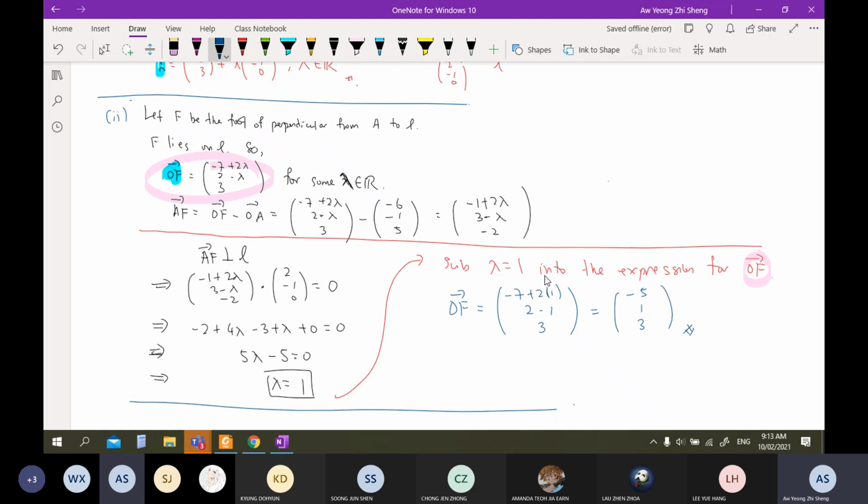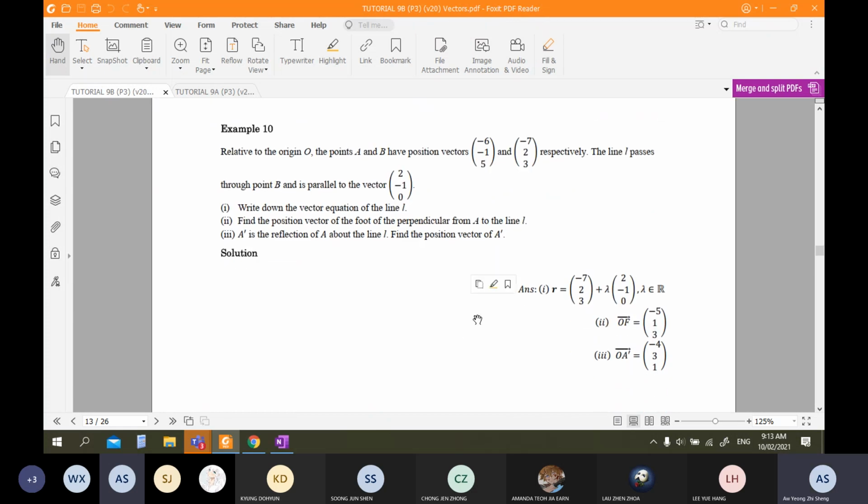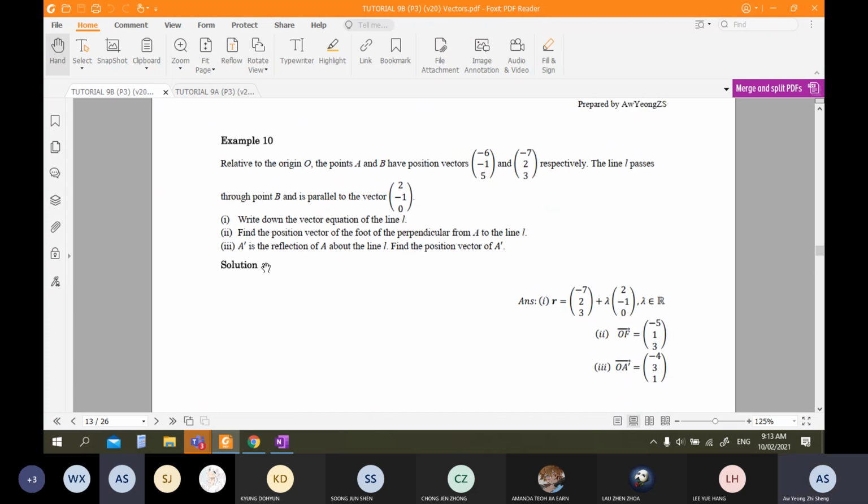Now I will move to part 3. A prime is the reflection of A about the line L. Now we want to reflect a point about the line. Find the position vector of A prime.